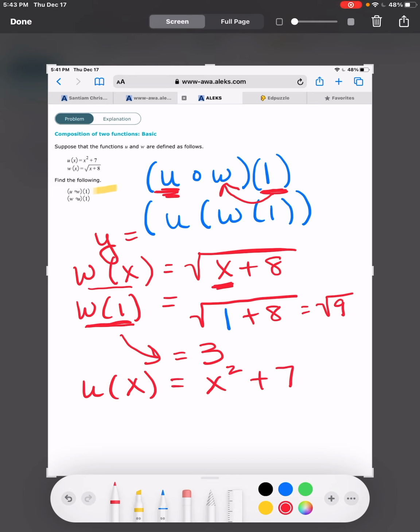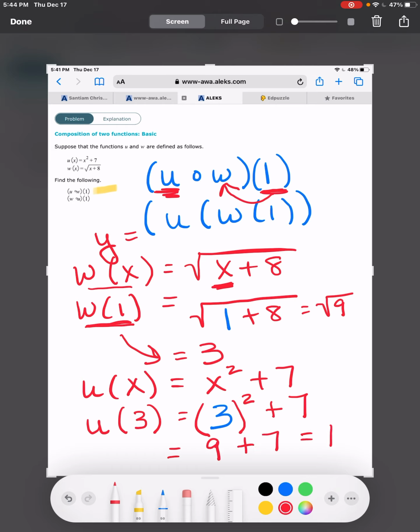And so I'm going to calculate the u of 3, which means I'm just going to plug the 3 in right there in the u function and then solve that. So 3 squared is 9 plus 7 is 16. So that's my final answer. The u of 3 is 16, and the 16 is the final answer for this whole first part.